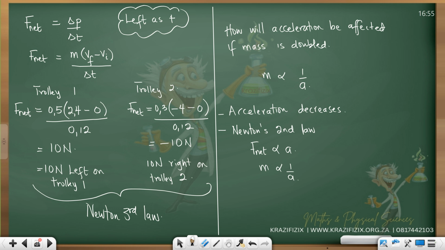Acceleration decreases, and you explain by using Newton's second law: according to Newton's second law, mass is inversely proportional to acceleration at constant net force.